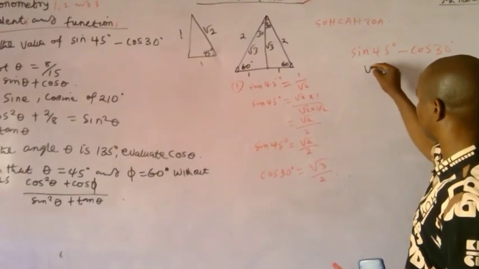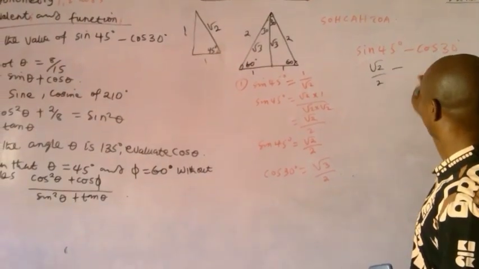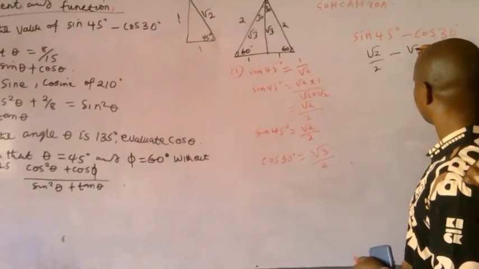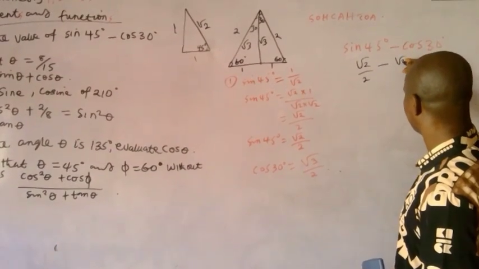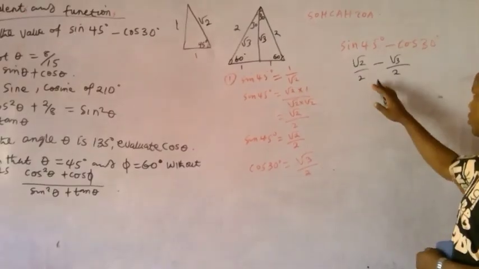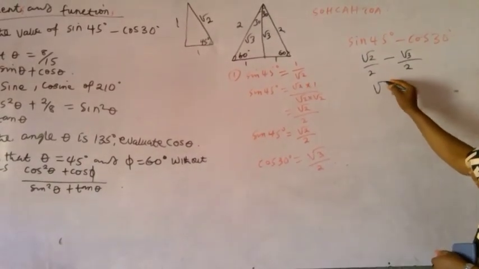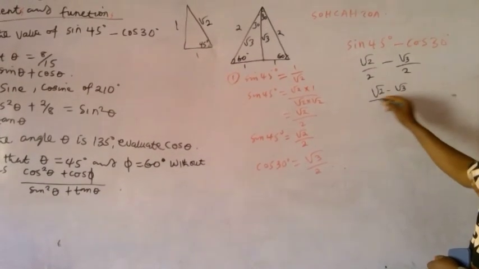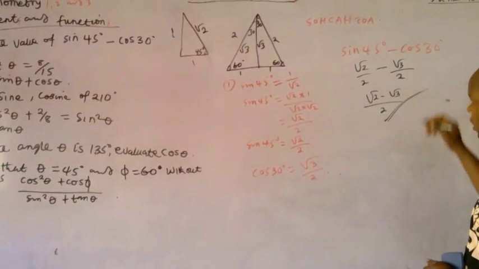Our sine 45 was root 2 all over 2. Here is root 3 all over 2. If you check very well, there is a common denominator which is 2. So you just come back here and say root 2 minus root 3 all over 2. So this is your answer for number 1.